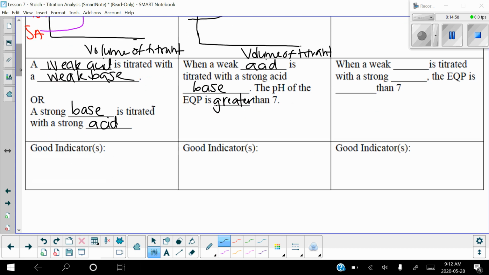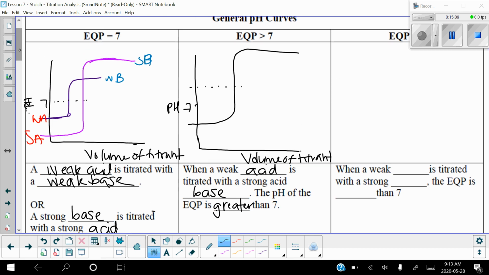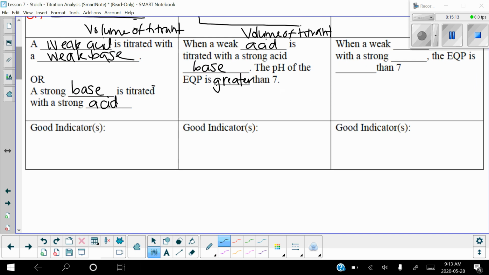One thing that I forgot to do down here is what are some good indicators? So when you're looking at a good indicator, you want to have your equivalency point be in the range. So if we were looking at the strong acid, strong base with the equivalency point of 7, a good indicator for this would be bromothymol blue. The reason being is because 7 is part of that range and it's not very drastically apart.